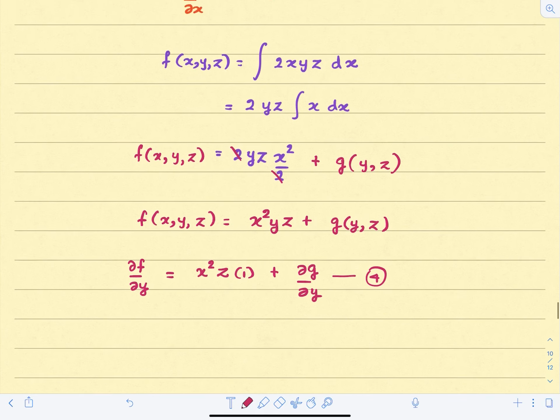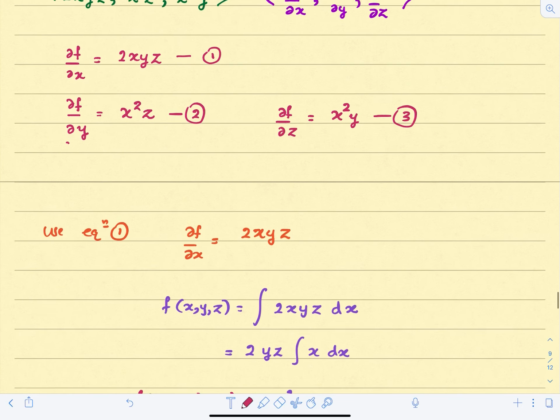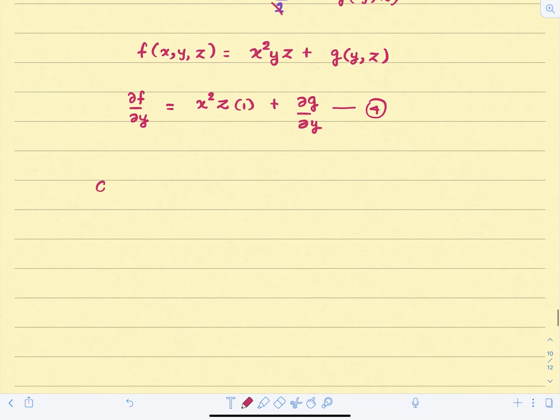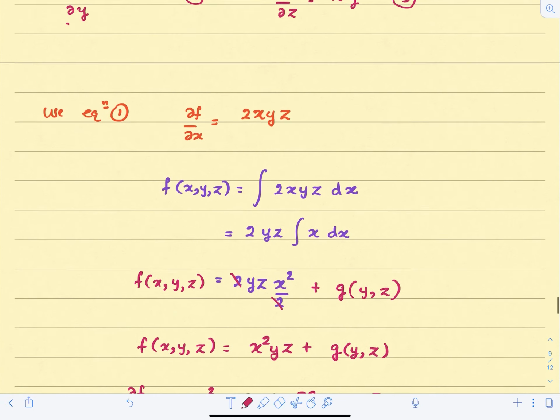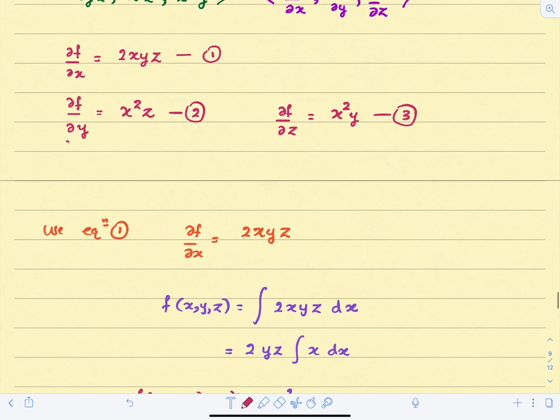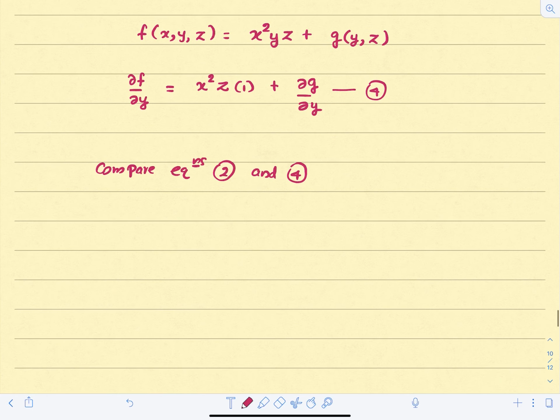Okay, now let's compare equation 4 and equation 2. Equation 2 says partial f over partial y equals x squared c.